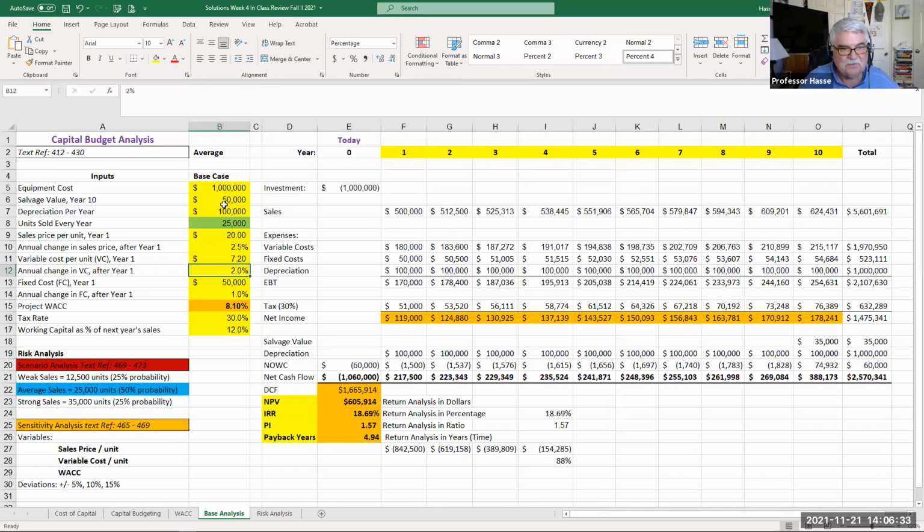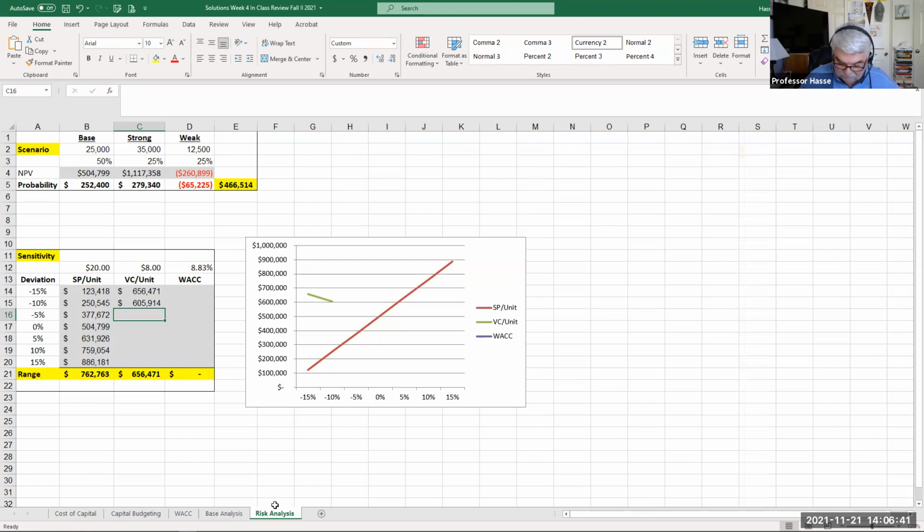Now a 5% reduction in variable cost, 0.95, 555,357. 0% is still 504,799 as our original base case. And now we can see the line really taking shape, and it's still straight. So we know we're doing something right.